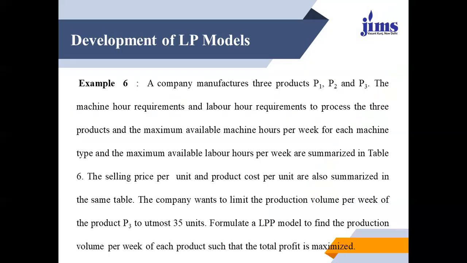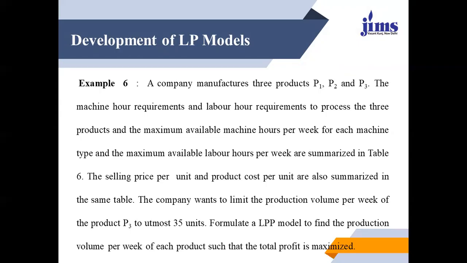And then the resource constraints are illustrated like this: the machine hour requirements and labor hour requirements to process these 3 products, and their maximum available machine hours per week for each machine and maximum labor hours available per week, are given in the next table. The selling price per unit and product cost per unit are also summarized.